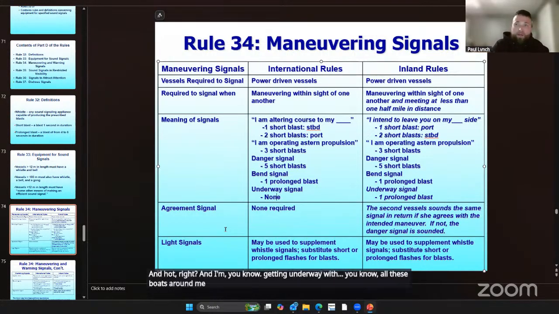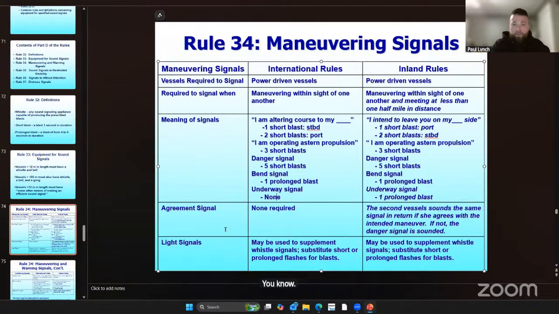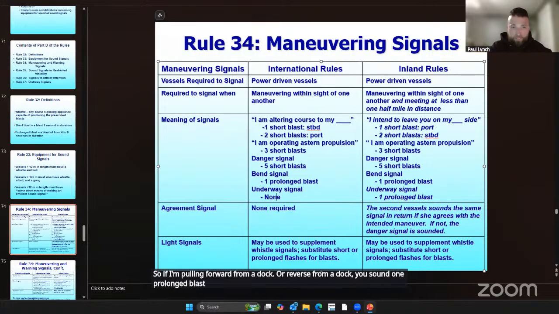Especially with these lobster boats coming in hot, they don't make sound signals. They just do whatever they want. So if I'm backing up, in inland waters there's an underway signal, which is one prolonged blast. If I'm pulling forward from a dock or reversing from a dock, you sound one prolonged blast that lasts 4 to 6 seconds.